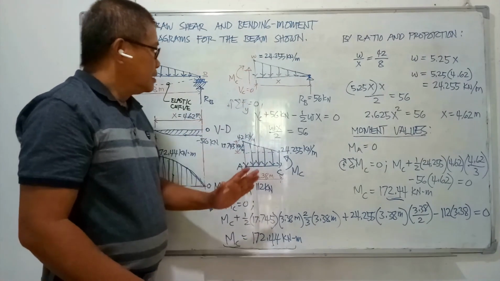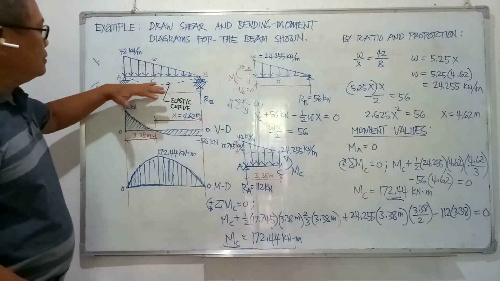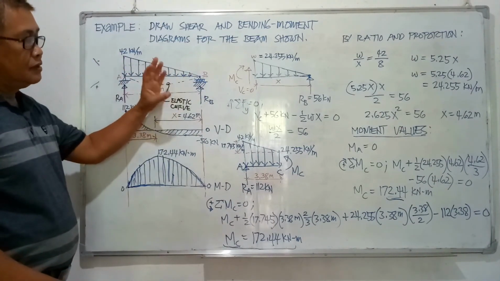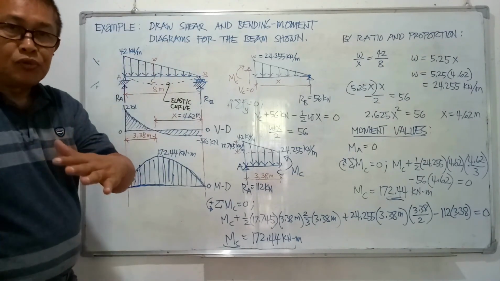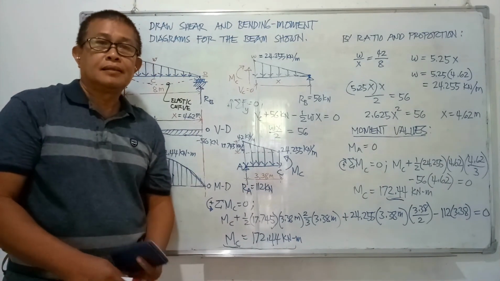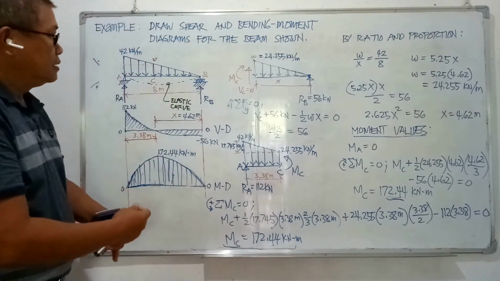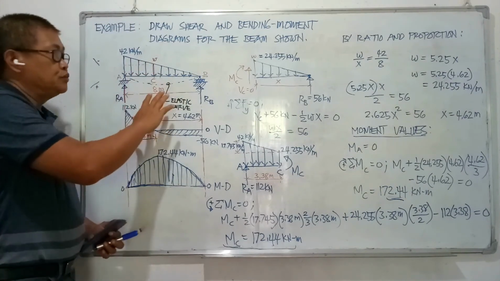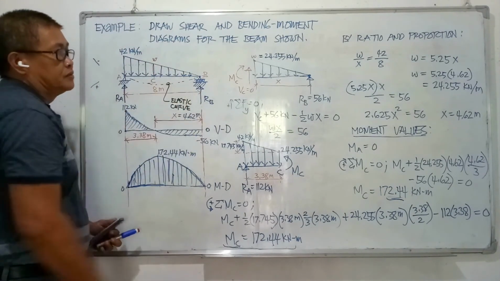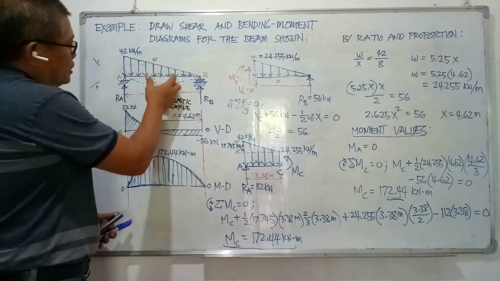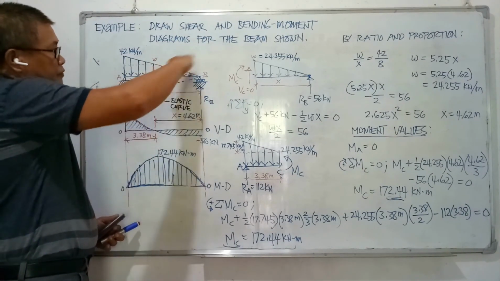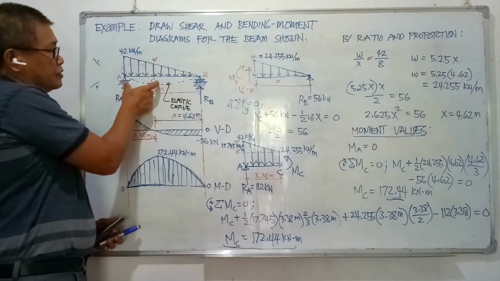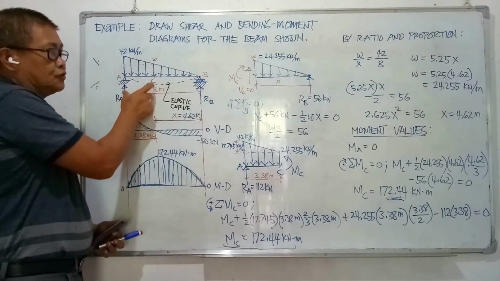Actually, this could just be reversed, as shown in the example problem by Hibbeler. There is a problem similar to this one, but it is reversed. You can also do that. If you're given a problem like this, you can reverse the loading so that it will be rising from zero at the left and then increasing.